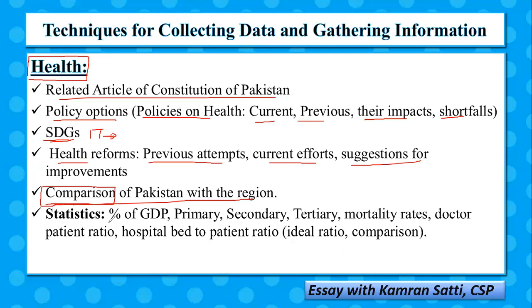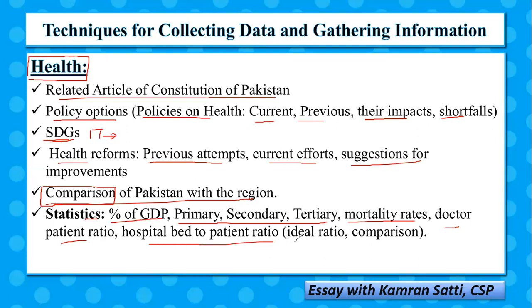For example, you should have at your fingertips these statistics: the percentage of GDP allocated to the health sector and the bifurcation of that percentage among primary, secondary, and tertiary healthcare, mortality rates, infant mortality rates, life expectancy, doctor to patient ratio, hospital bed to patient ratio.